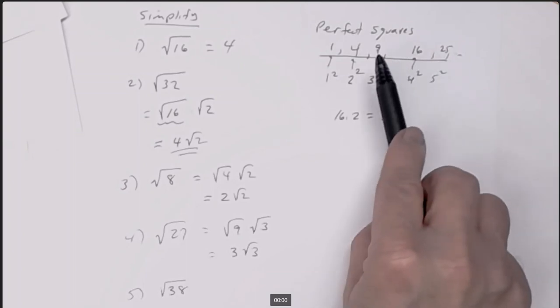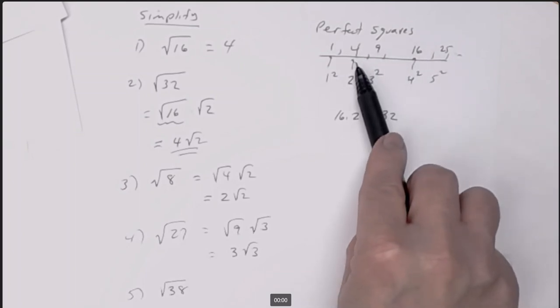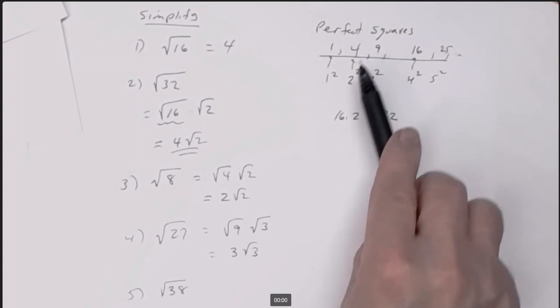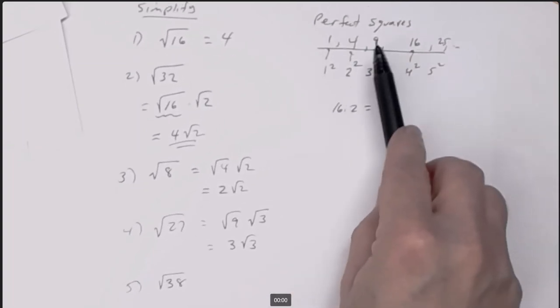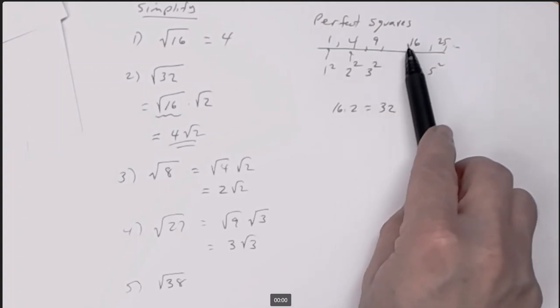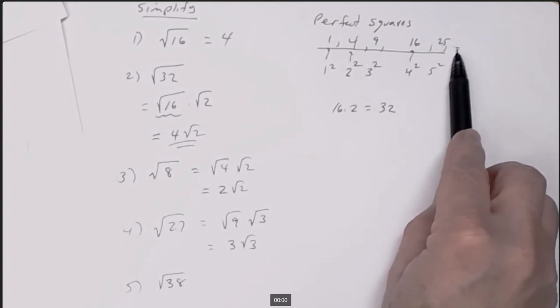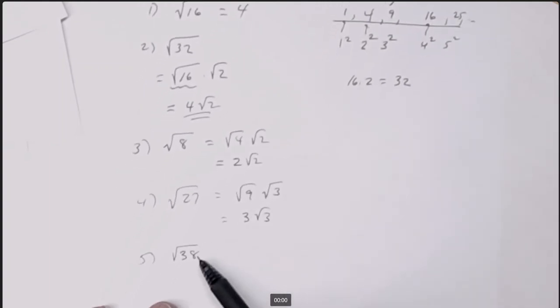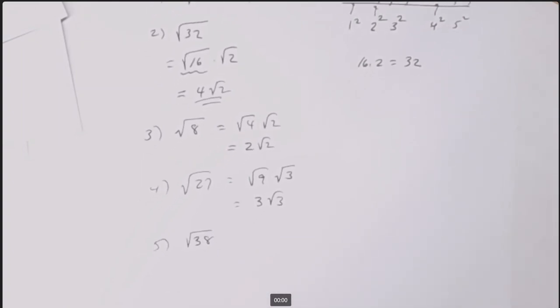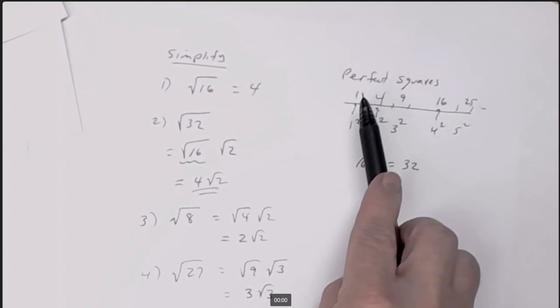And then 38 is even, so I cannot use an odd number. 16 times what's 38? There is no whole number. 25 is odd. The next one's 36, and then you're almost past 38, so you're done. So can I simplify the square root of 38? No, in fact, remember, the only perfect square that goes in 38 is 1. So you would say it can't be simplified.